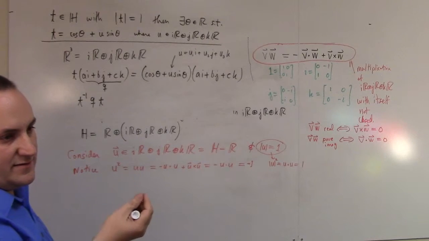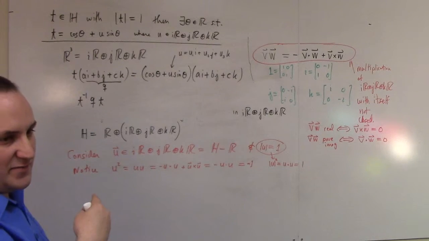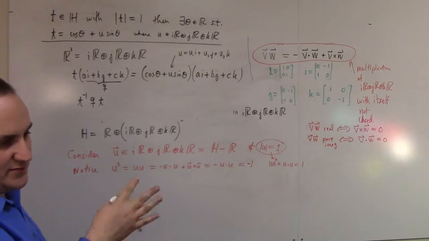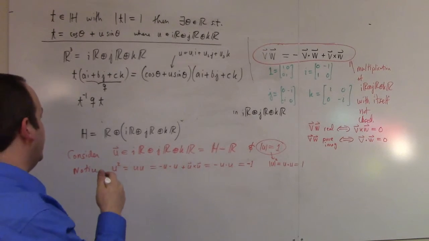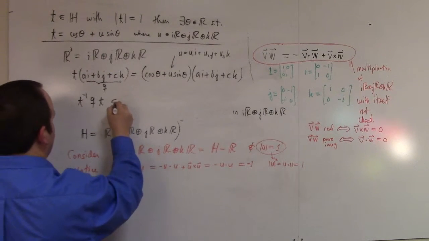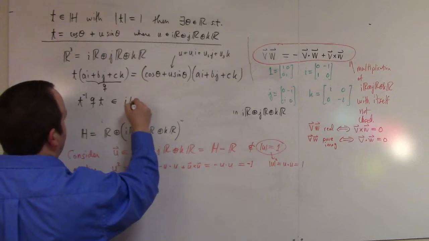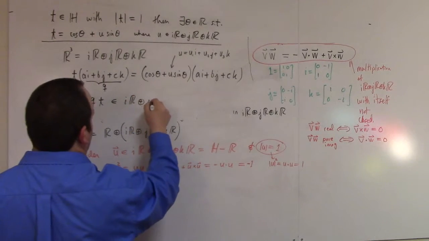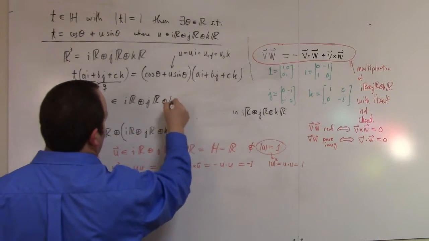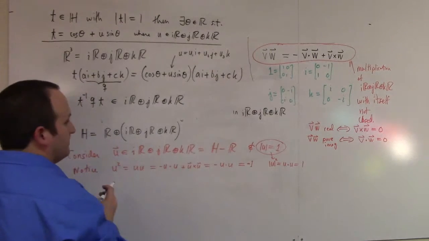One multiplication creates a real part, the other destroys it. And you're again an element of iR plus jR plus kR.